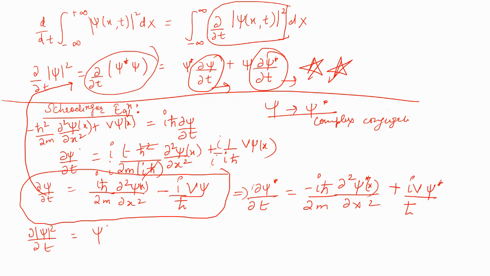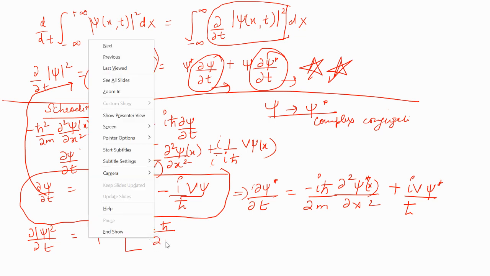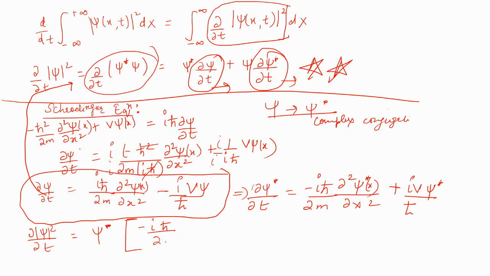Okay, psi star d psi by dt. This is minus iota h cross upon 2m psi star d2 psi by dx square, plus iota v psi star upon h cross.